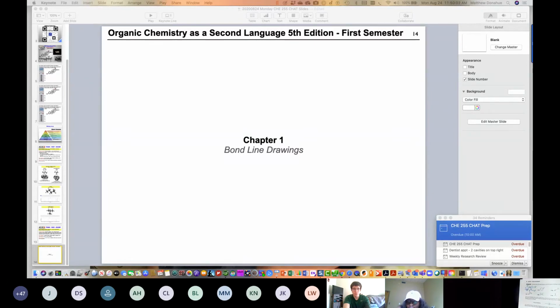So before we move on, how many unique type of carbon atoms do you see in that structure? Unique type of carbons.